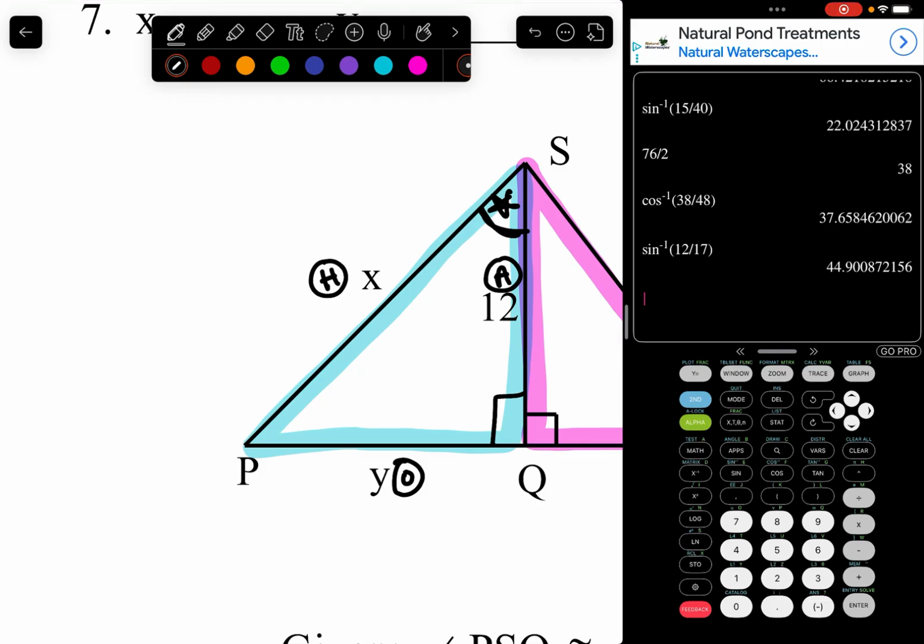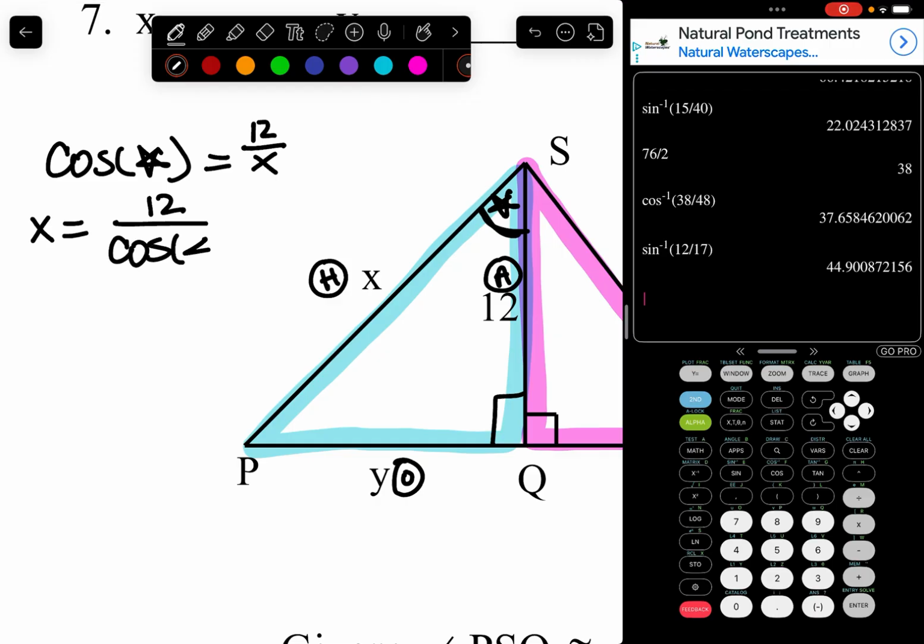So I'm going to find X first. I have to use adjacent and hypotenuse, so that's cosine. So the cosine of my star, which is angle W, is going to equal 12 over X. So x will equal 12 divided by the cosine of that top angle.